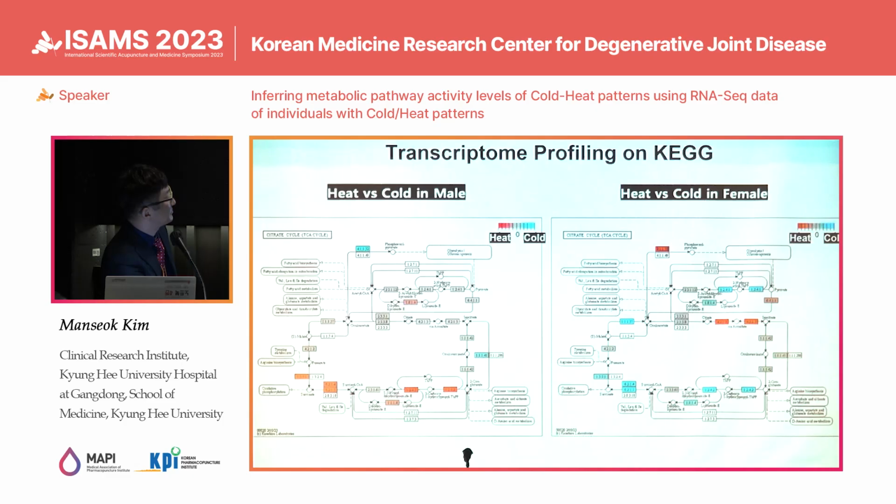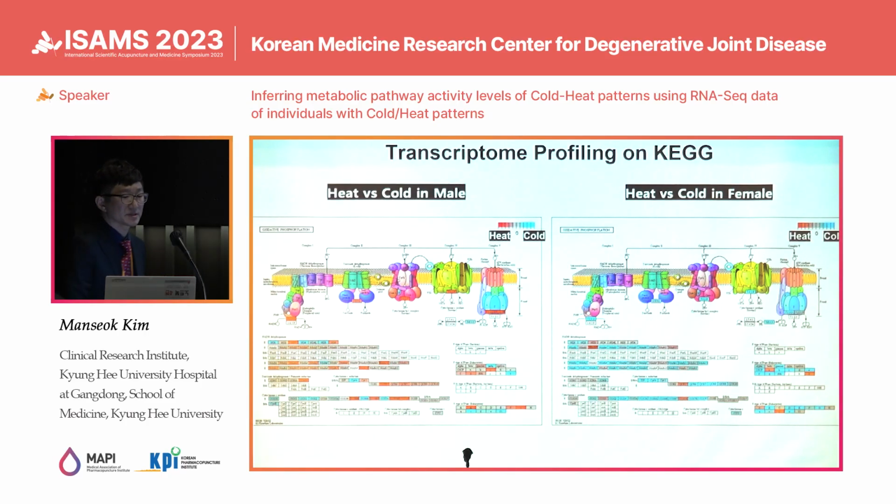Here you can see red, and here you can see more blues. And then again, OXPHOS. As you may remember, female with cold pattern got upregulation in OXPHOS, right? So we see many of them as blues, right?